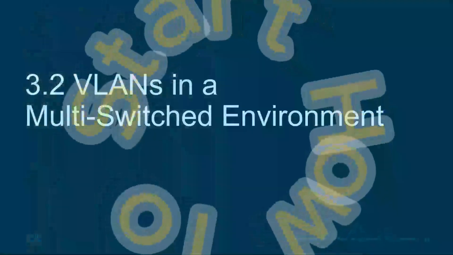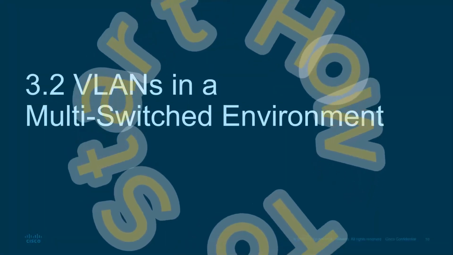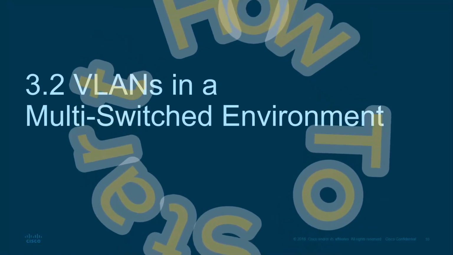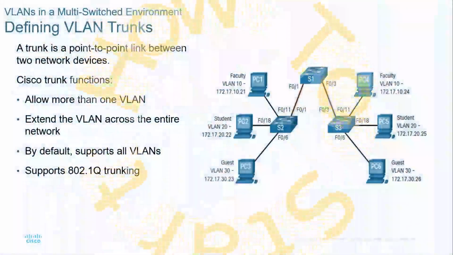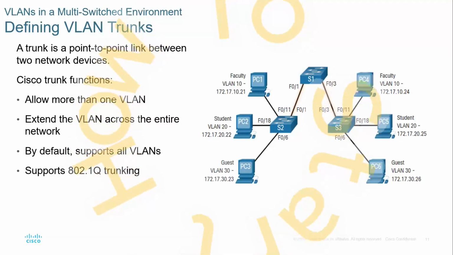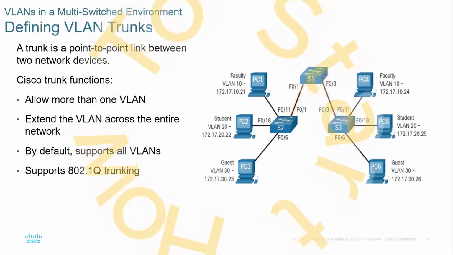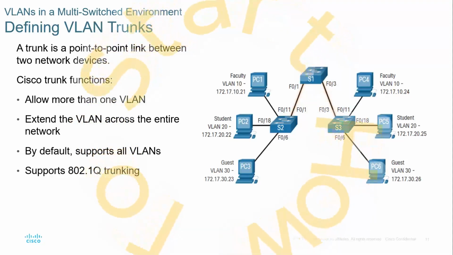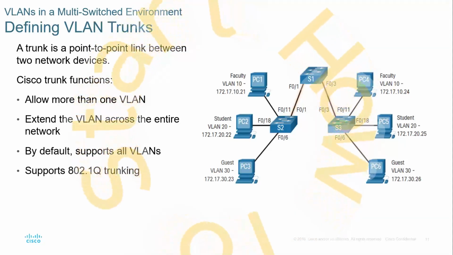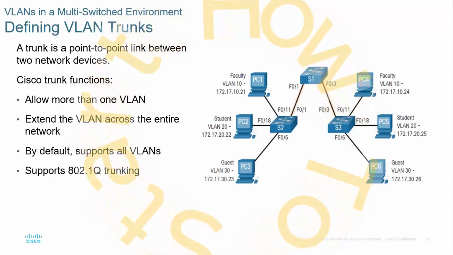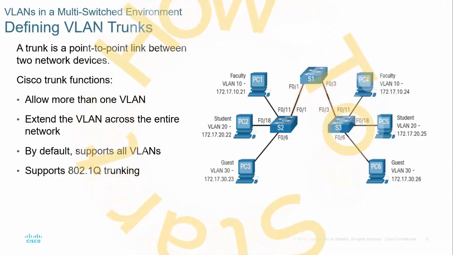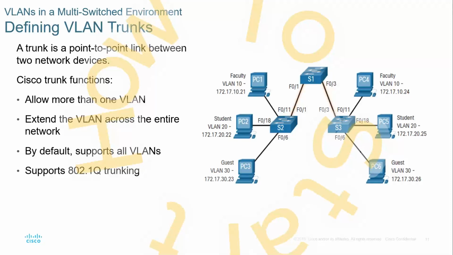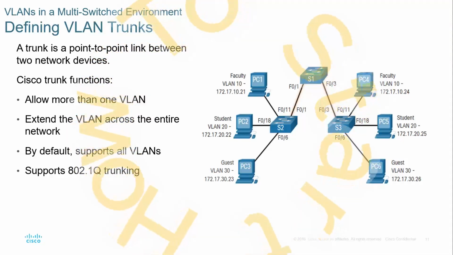Moving on, we have 3.2, VLANs in a multi-switched environment. So how do we get VLANs to actually communicate over multiple switches? That's where those trunks come in, because by default, each switch will have the VLANs only tied to that switch. So we have to be able to have the multiple switches programmed with the same VLANs.